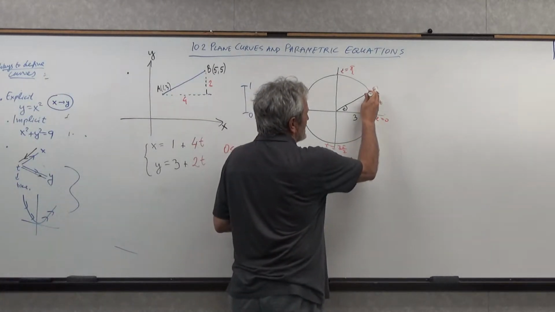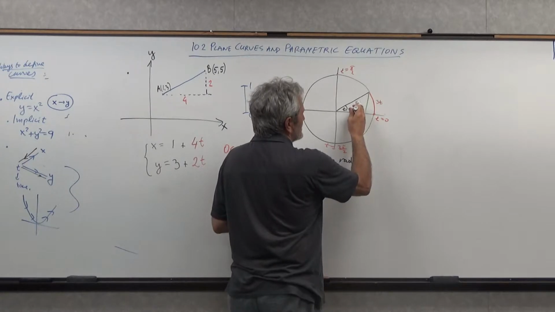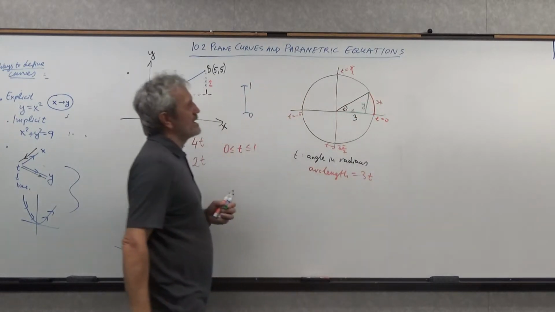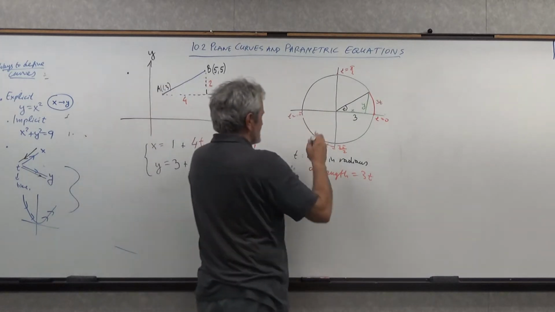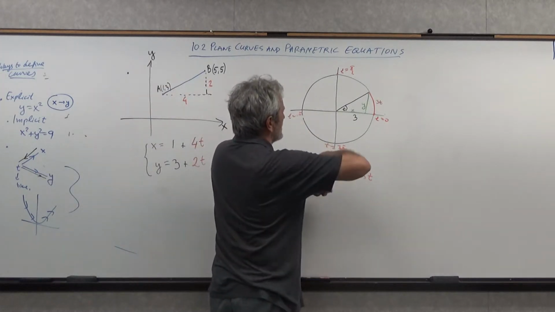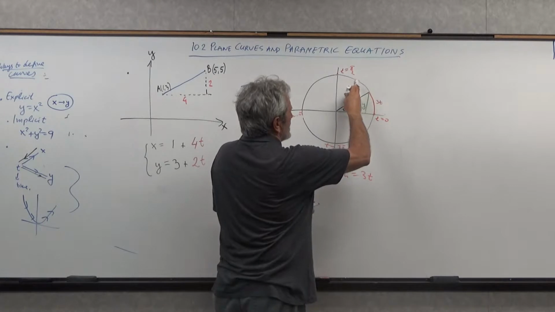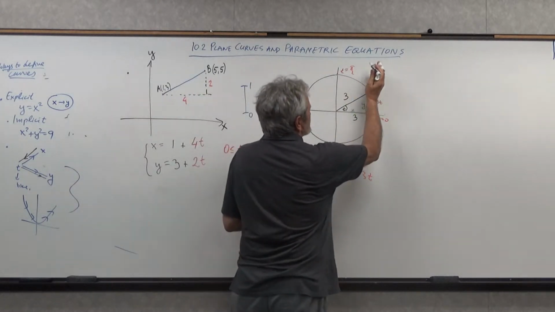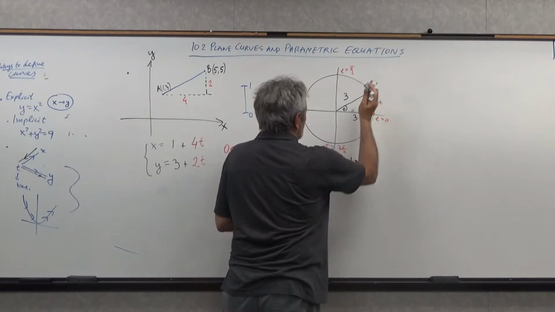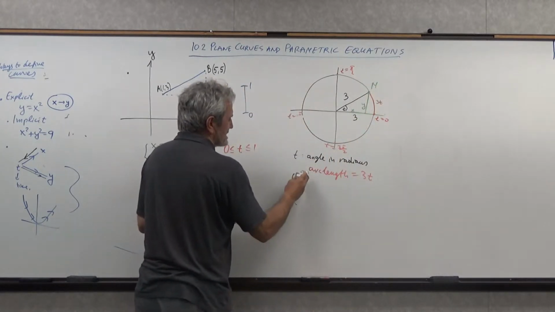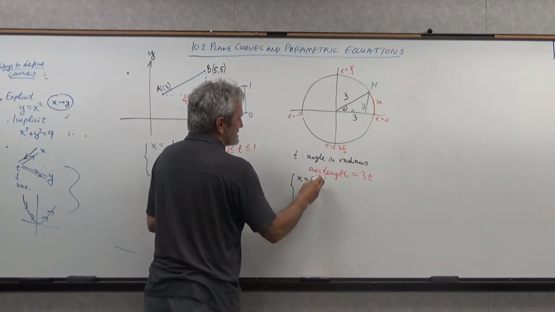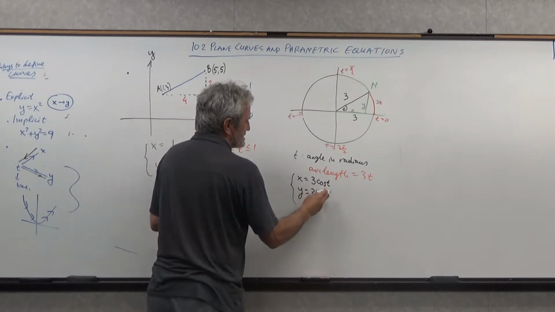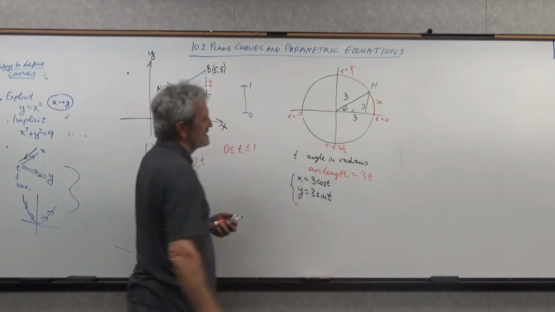So this is my x coordinate, and this is my y coordinate. And since the radius is 3, then x and y are easy to calculate. And that's exactly what gives you the position of that moving point M. So what is x? X is 3 cosine t. Y is 3 sine t. Here it is.